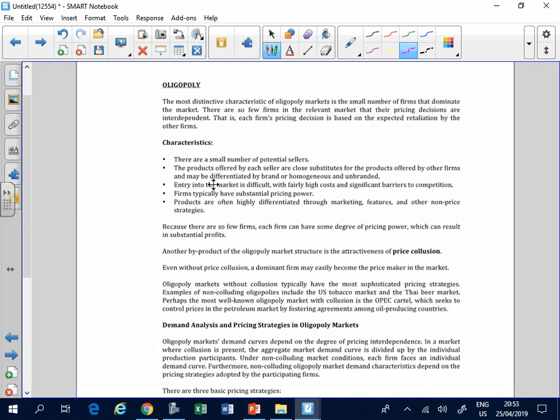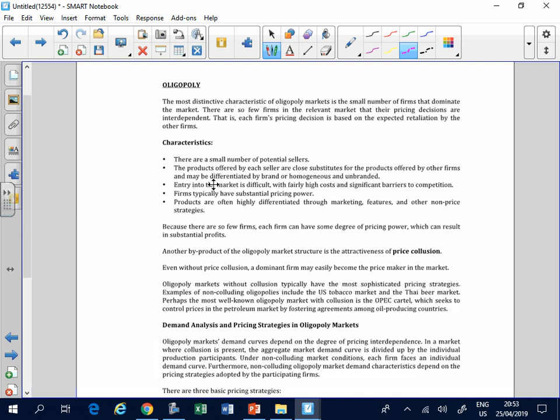The first thing you need to note is that pricing decisions are interdependent. Your price change matters to me because my price will react to you, and vice versa. Secondly, if there were 1 million firms in the market, could we honestly keep tabs on what everyone's doing? So the firms are small enough that we know what everybody's doing and can affect each other.